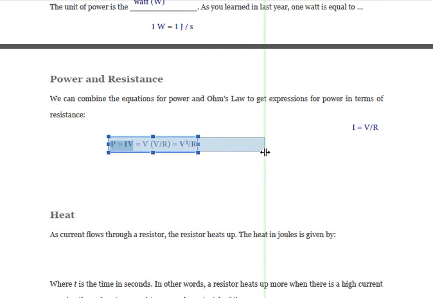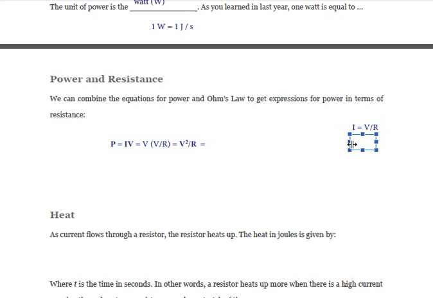I'll try to bold these ones so we can see which ones are really important here. So that's what we would use if we don't know anything about the current. But what if we don't know anything about the potential difference?